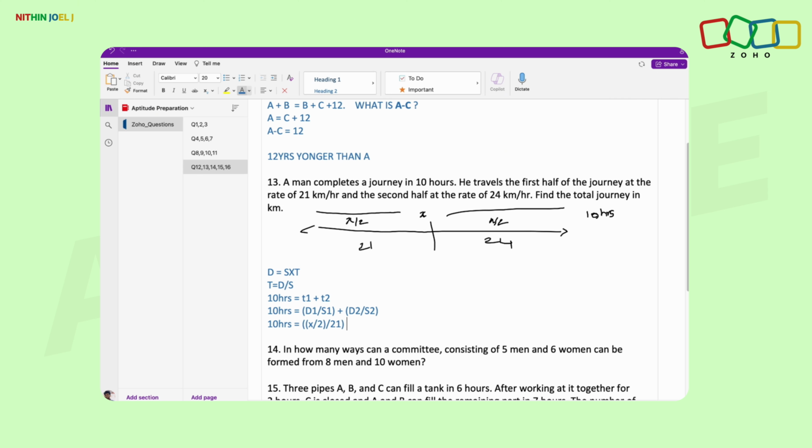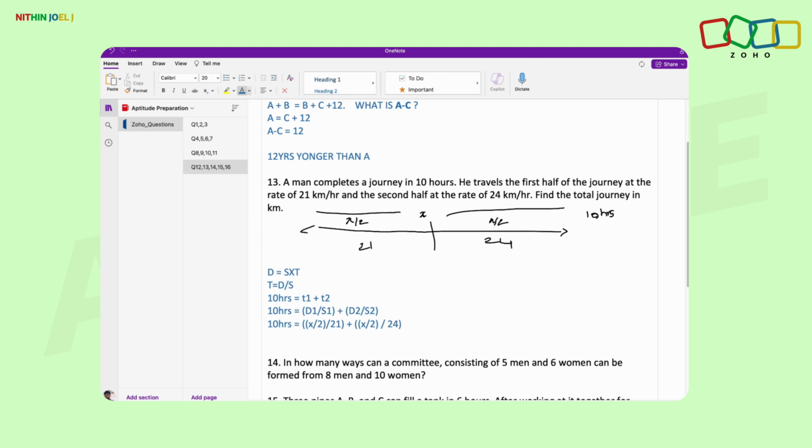Now plus, in d2 we have the distance as x by 2 and we have speed as 24 km per hour, so 24. If we solve this, we will get an answer. So let's try to solve this.